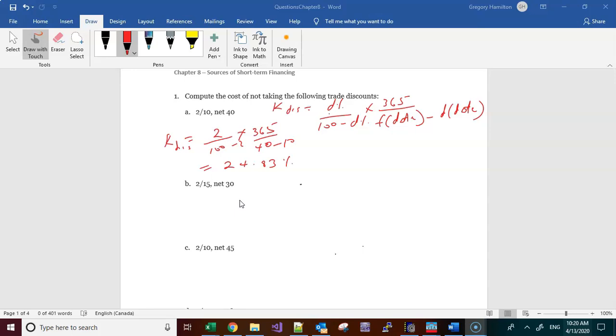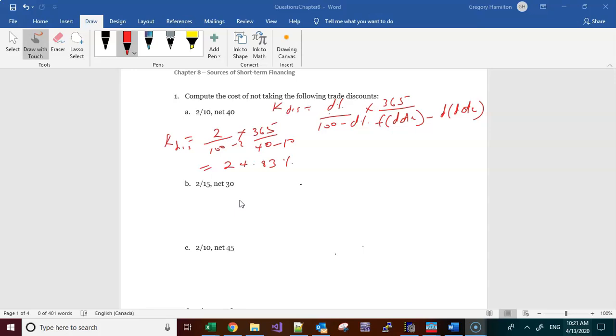That's the objective of what we're trying to find. How do we find that? We find it by finding K, where K represents the cost of not taking the discount, which would be the interest rate that you will be paying on the loan for 40 days.